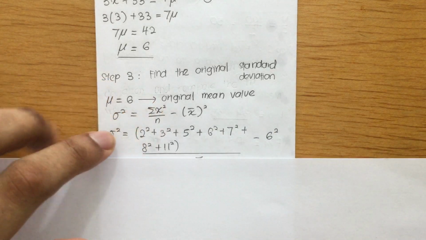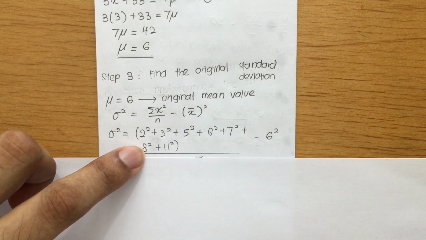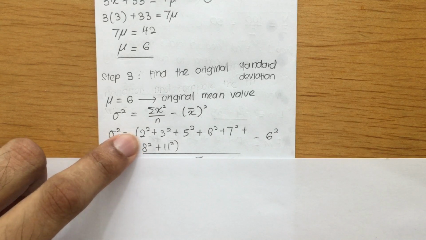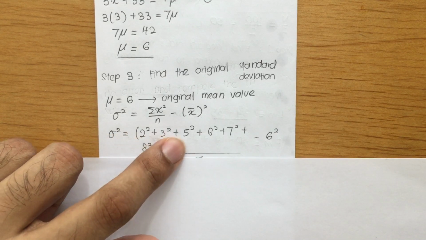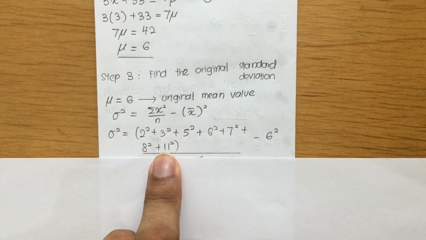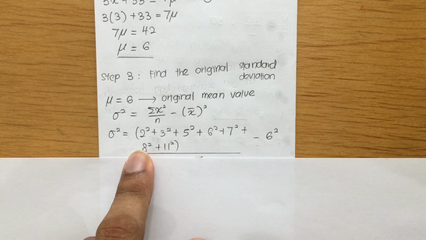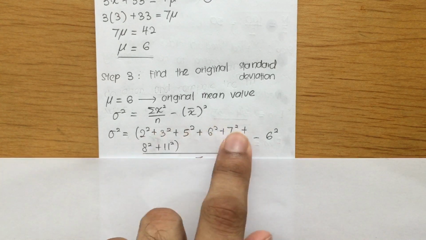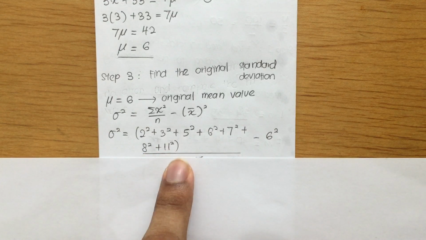Okay, the summation of x square, which is all the data over here, so sigma x square equals 2 square plus 3 square plus 5 square plus 6 square plus 7 square plus 8 square plus 11 square. Actually the x value we have already substituted inside all the data values, guys. That's how we got the values over here.